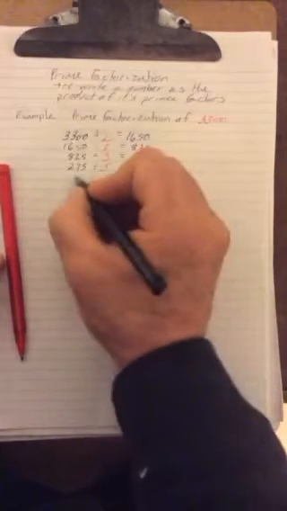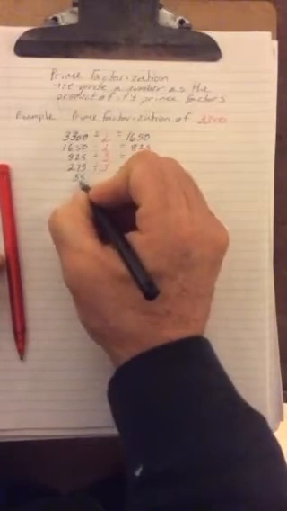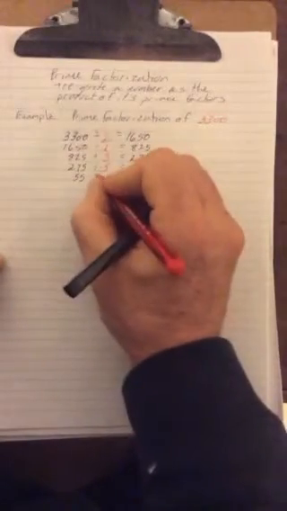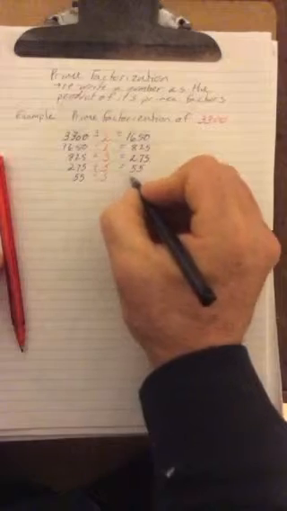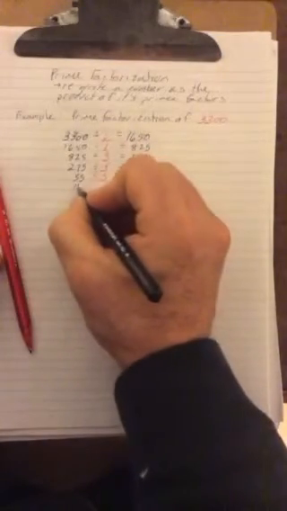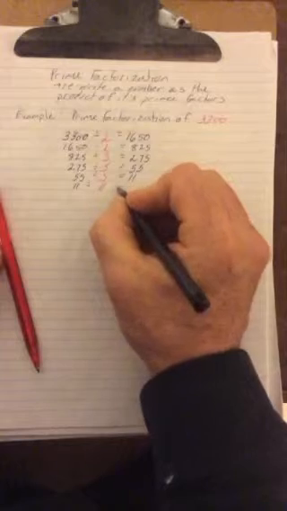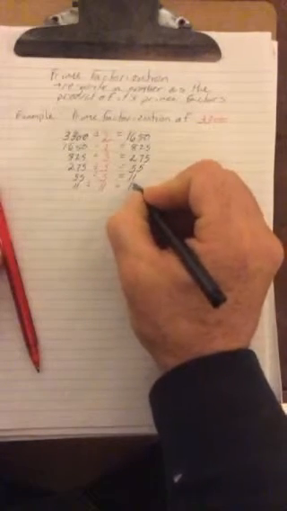That again is divisible by 5, and equals 11. And 11 divided by itself, because 11 is a prime number, leaves me with 1.